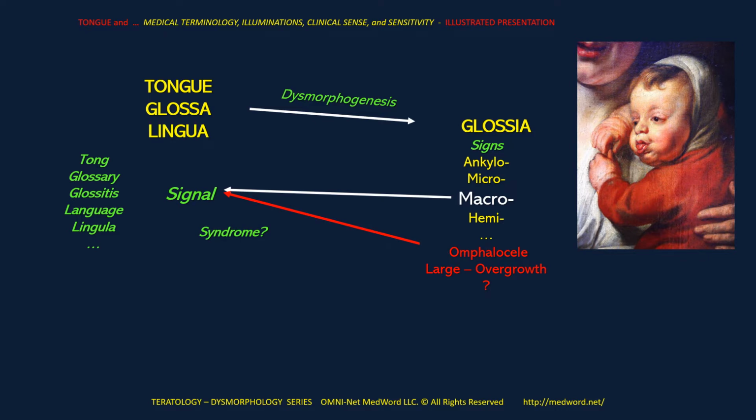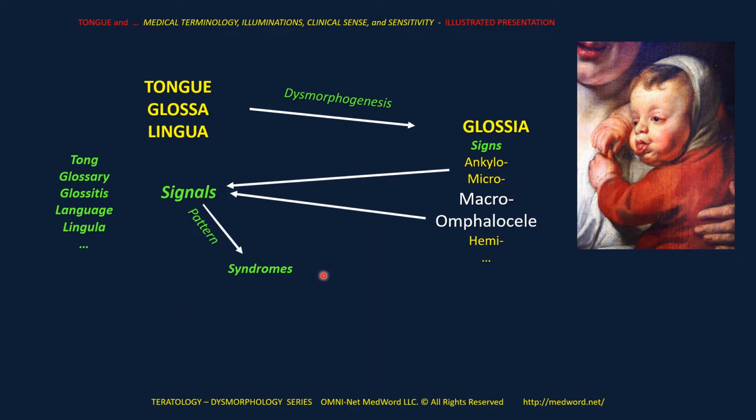So this clinician may then test the waters of the signal, putting together macroglossia with omphalocele and large growth. He raises the question that the concurrence of both could be indicative of a syndrome. Two things running together, both relatively rare, so why should they be concurrent?